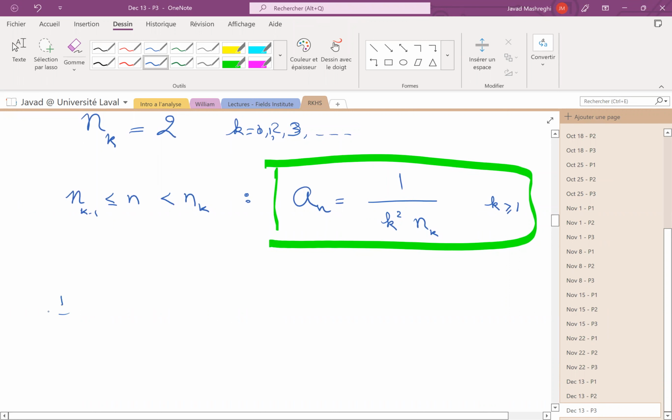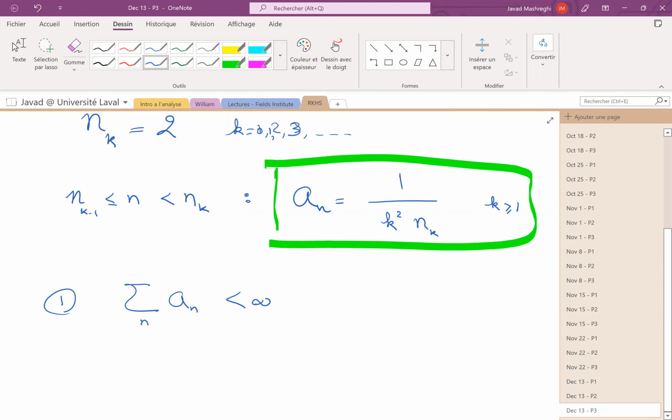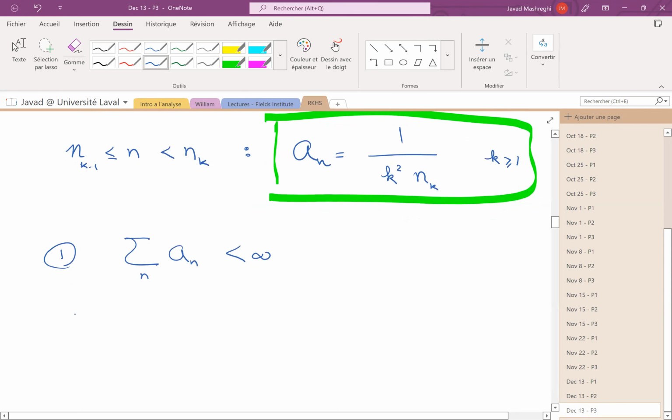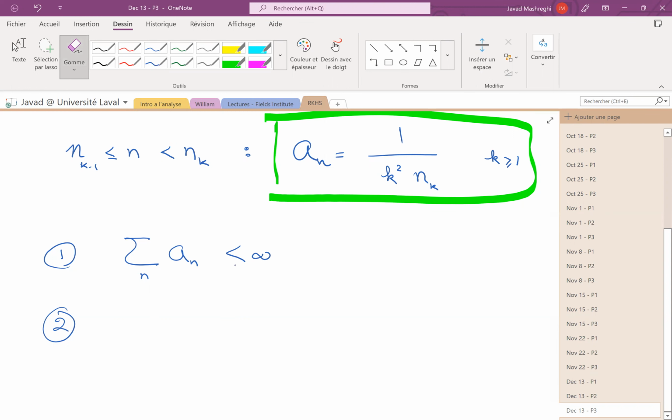The first thing is that the sum over n of a_n is finite. So it's more than being in H infinity. Indeed, it's in the Wiener algebra, so it's in L1. And second, the way to do this is to break the sum into two sums, just as a hint.